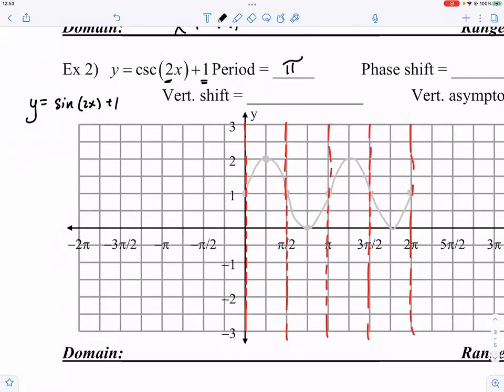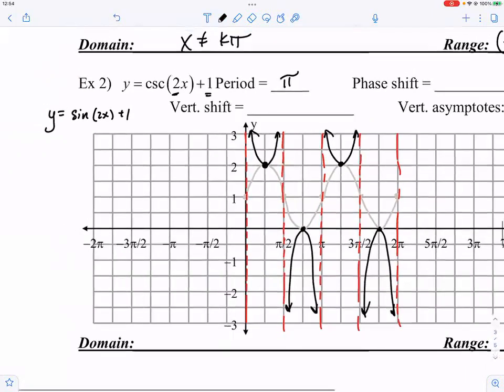And for the actual graph, it'll be like this. All right, and then it keeps on replicating itself. Vertical shift up 1.